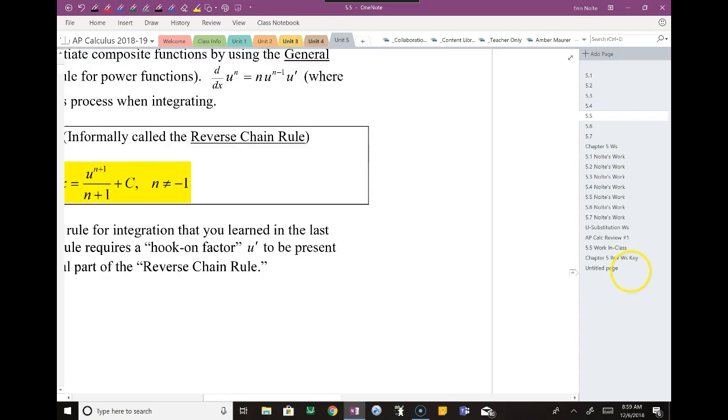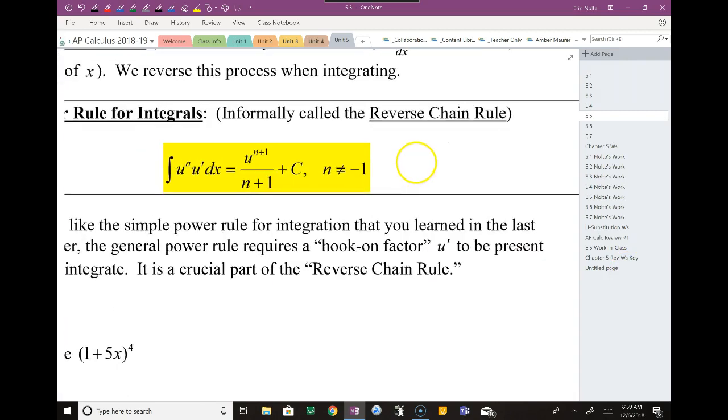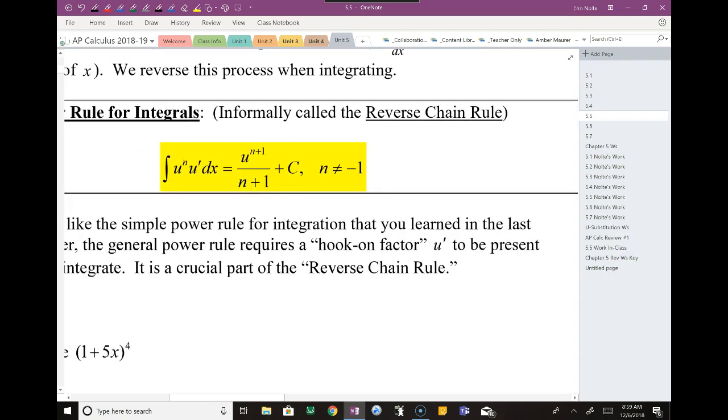Now when we go the other way, do you see this notation? We start with the derivative of the stuff next to it, so it's already in the integral. Do you see what happened to it?